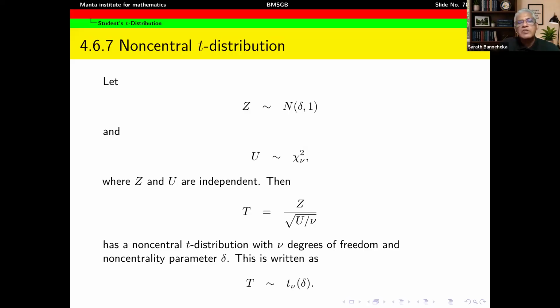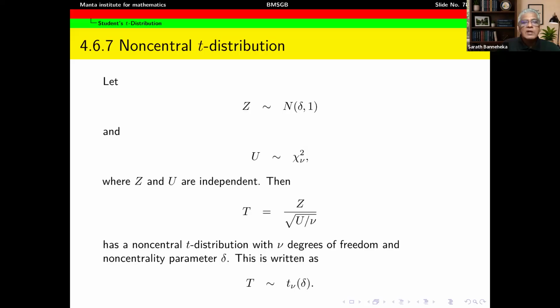So that is the definition of the non-central T distribution. We denote it, for example, as T having a non-central T distribution with nu degrees of freedom and non-centrality parameter delta. This is how we denote it: T with nu in the subscript, and then delta within brackets.